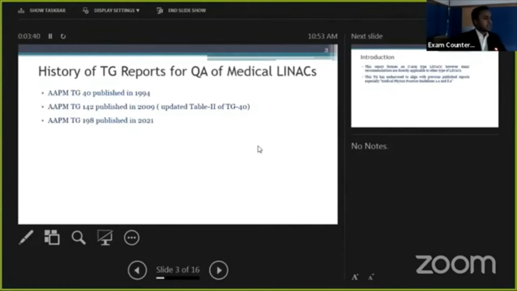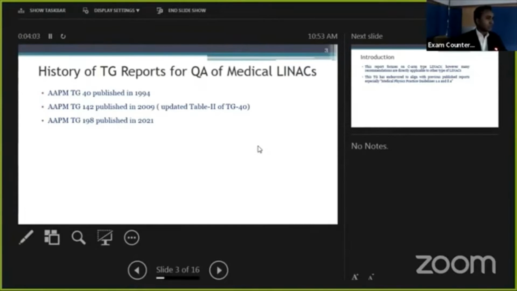History of TG reports. It's not a new report, but reports on quality assurance of medical accelerators have been published in the past. TG40 was the first report, published in 1994, and it contains almost all the quality control or quality assurance tests for the medical linear accelerators.